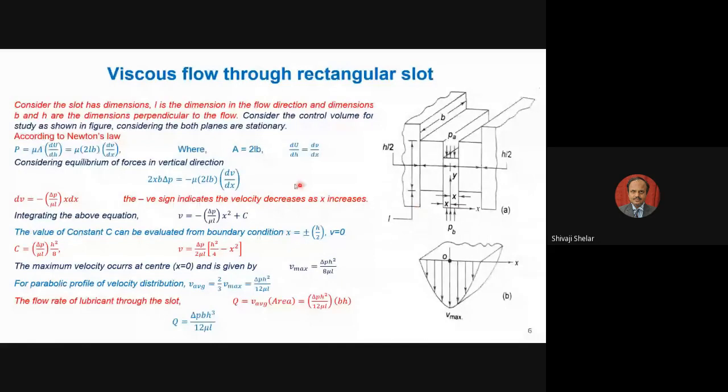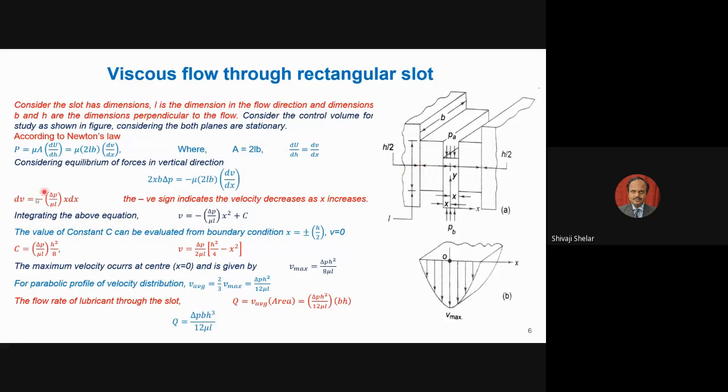This expression can be written in terms of velocity change dV: dV is equal to minus delta P upon mu L into x dx. B will get cancelled, 2 will get cancelled. At x equal to 0, the velocity is maximum. At x equal to h by 2, this is a fixed surface, so the fluid here will not flow at all. The velocity of the fluid on this surface is equal to 0.